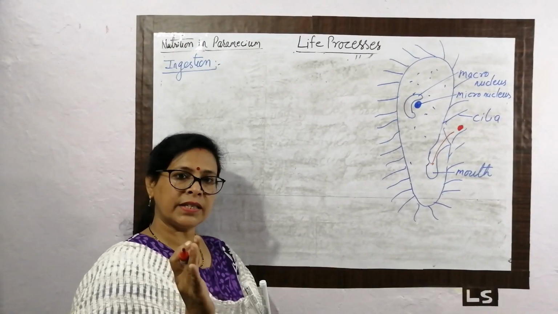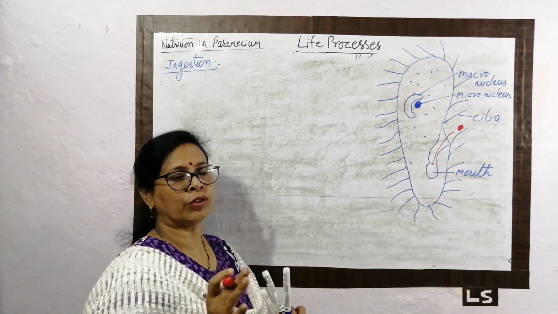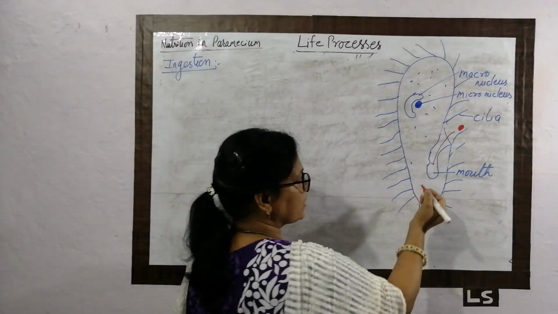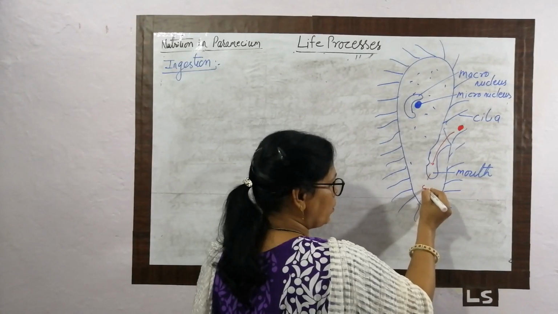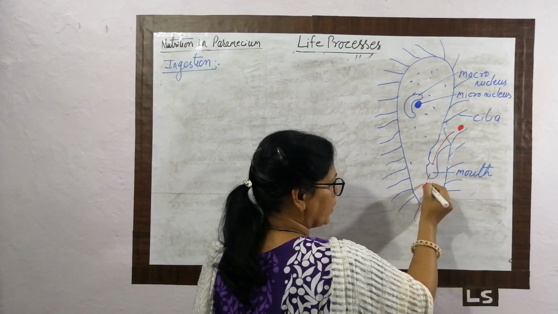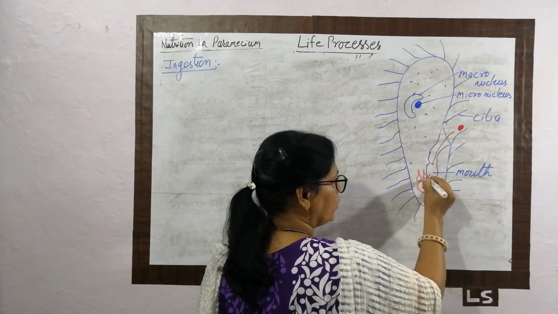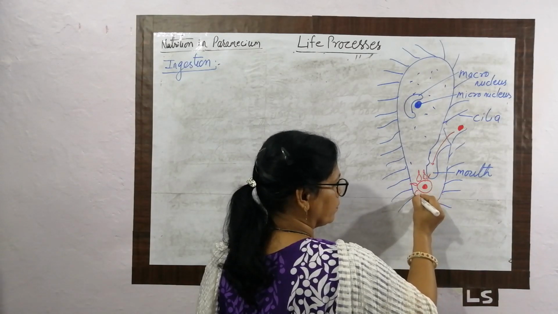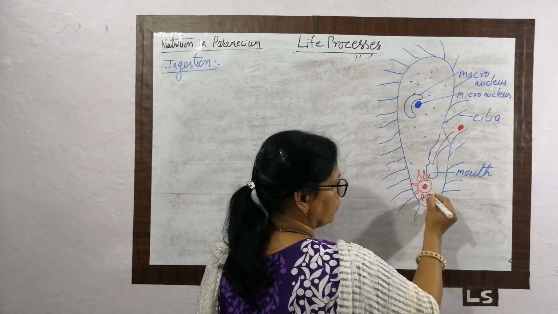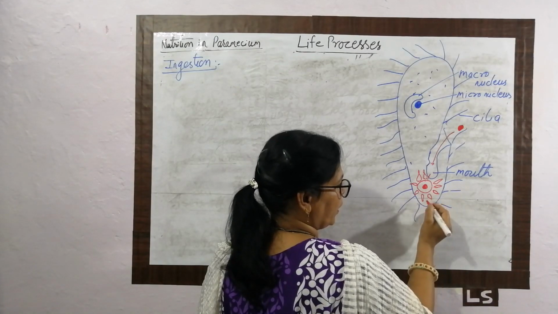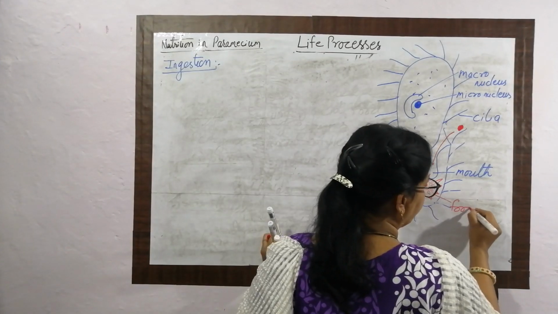Cilia vibrate very fast, and they collect the food inside the mouth. And what happens next? This food comes in the cytoplasm and forms a vacuole called the food vacuole around it.